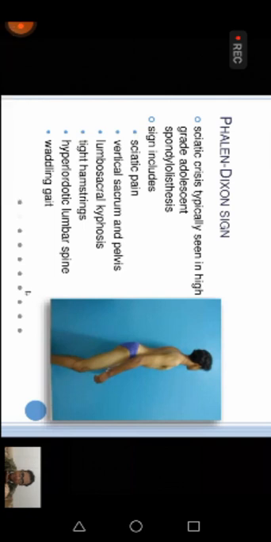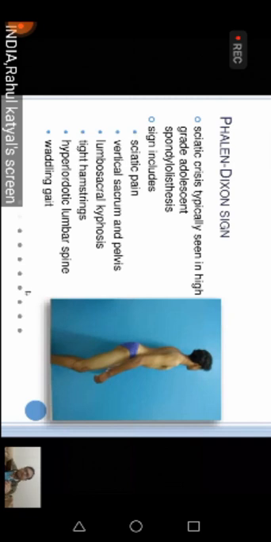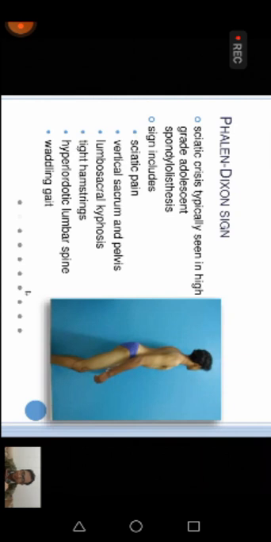Should it be UB? Not UB, it is GB, for iliopsoas. We are talking of iliopsoas. Okay, for iliopsoas, it is GB27.